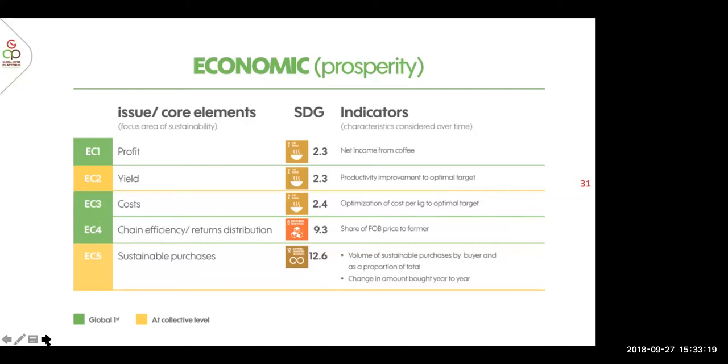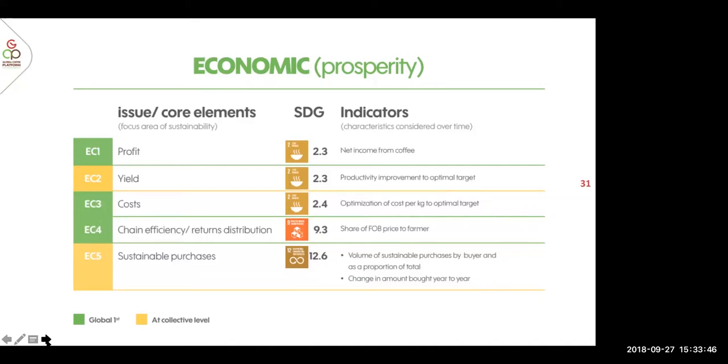On the issue of cost, again, it's looking at indicators such as optimization of costs. In terms of chain efficiency, being a bit farmer-centric, we look at the share of the FOB price that the farmer receives, so that you can see whether the returns are distributed in a way that is helpful.